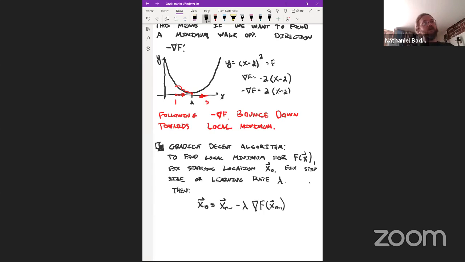So at our point, we compute the gradient, we take a step in the direction of the gradient, and then we scale that by our learning rate lambda. One of the nice things about this is that if the function is steep, which we sort of assume would mean that we're farther away from a minimum, then the gradient will be larger, so we'll take a larger step. Whereas if we're close to the minimum, then the gradient will be smaller, and so we'll take a smaller step naturally.